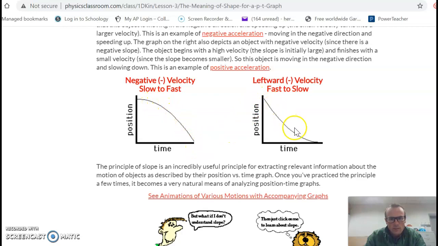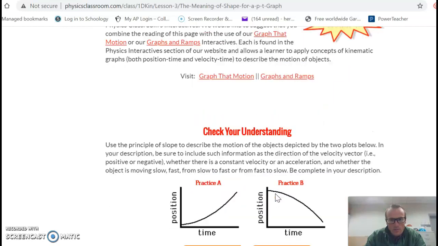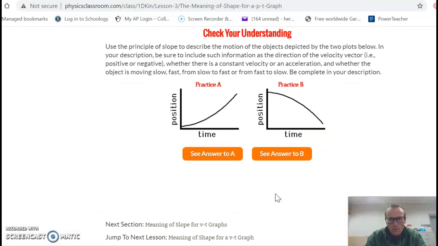Going fast at first, and then my slope is getting less steep, so I'm slowing down. So I've turned around, I'm coming back towards the starting line fast, and then as I get closer to the starting line, I'm slowing down. Kind of an interesting thing to think about if you haven't looked at these before.